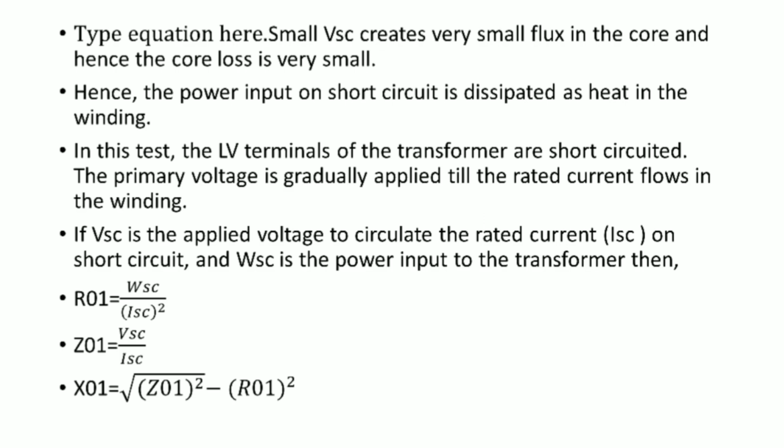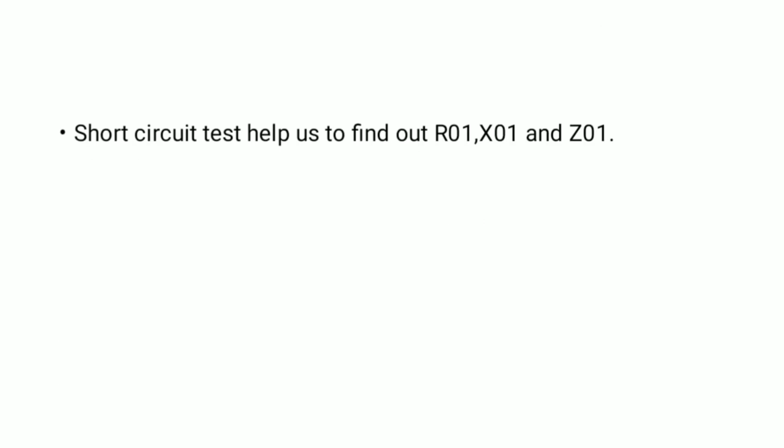With the help of this formula we can get R01. Z01 is nothing but VSC upon ISC, and with the help of Z01 formula we can find out the X01. So short circuit test help us to find out equivalent resistance on the primary side, equivalent reactance on the primary side, and equivalent impedance on the primary side.